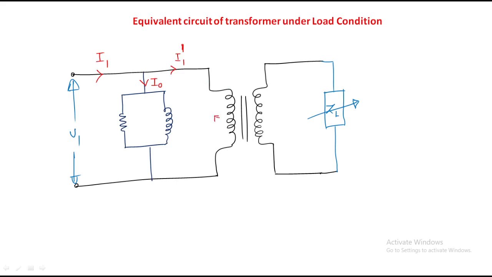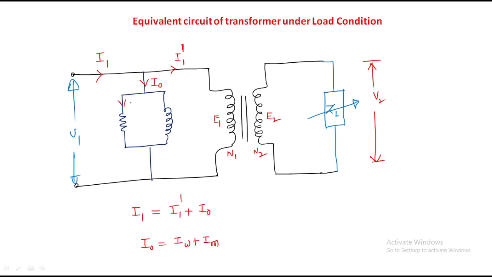So this is E1, E2, N1, N2, and this is V2. That's it, right? So here I1 equals I1 dash plus I0, and I0 equals IW plus IM.